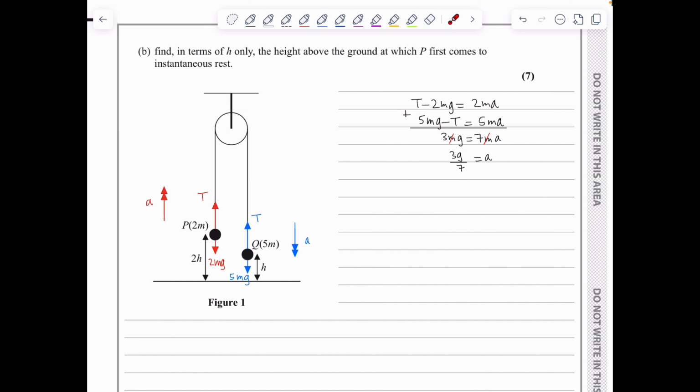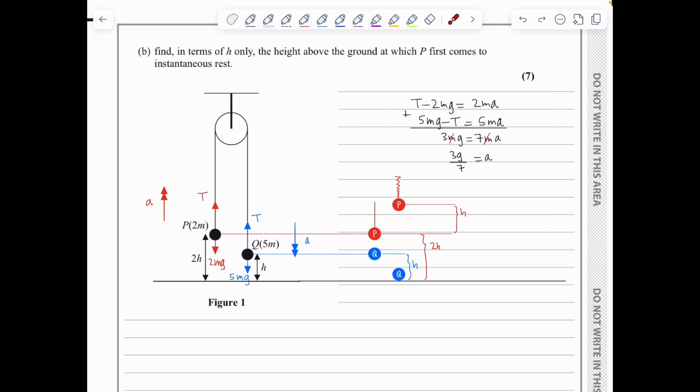So this is the initial position of P and Q. P was 2h meters above ground. Now as Q goes down, it will hit the floor by descending by h meters. So P will go up by ascending by h meters as shown here. At this moment, the string goes slack. There is no longer tension in the string.